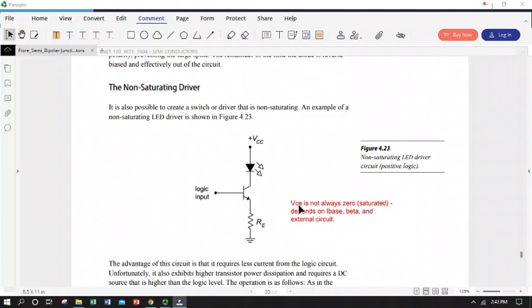So this is a warning. VCE is not always zero. Transistors don't always operate in the saturated state. They'll only do so if you've got circuit elements in the collector emitter path that limit the collector current more than what beta would otherwise permit.